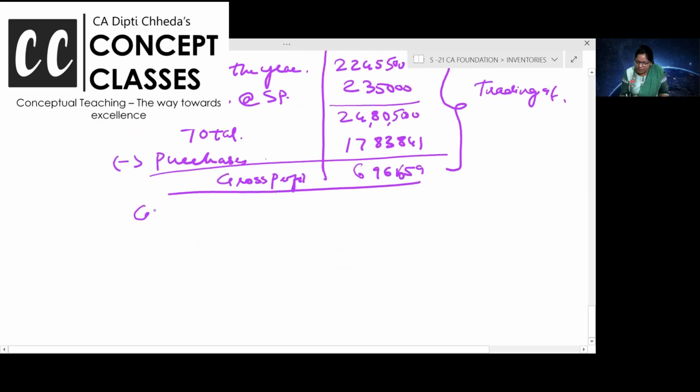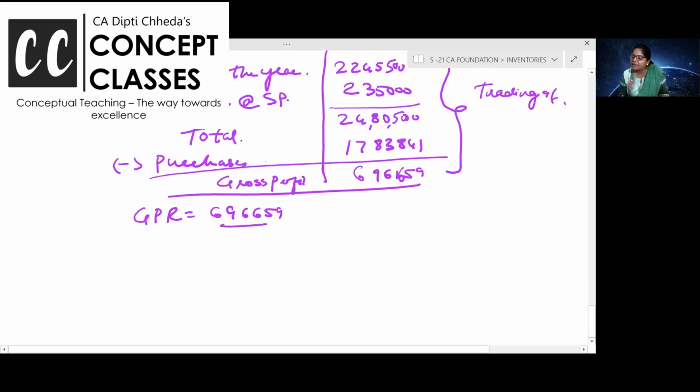Now what is the GP ratio? GP ratio is 696,659 divided by sales.